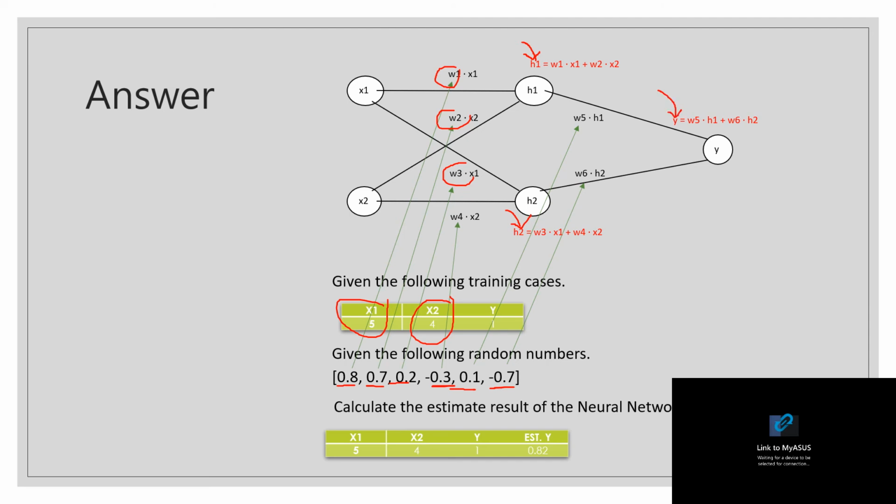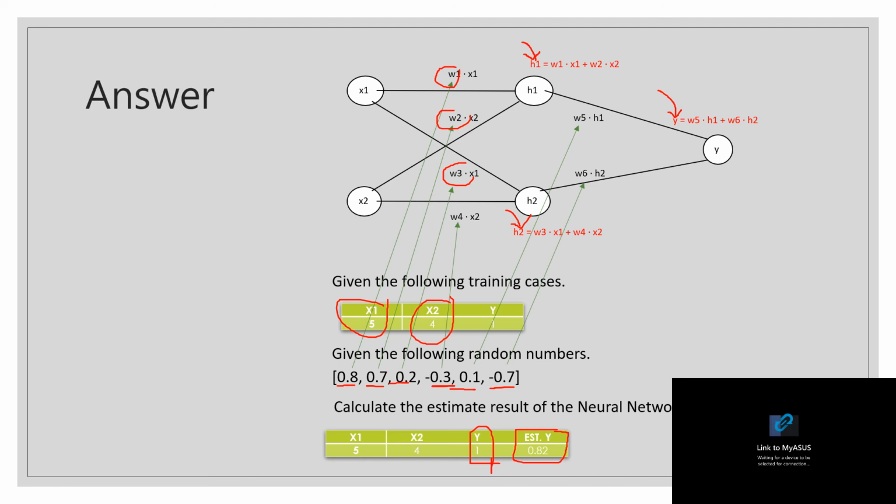Here I do the calculation for you. If you want to do the calculation, you can still continue, but this is only an example to illustrate our idea. So the estimated y is 0.82, which is different from the true value.